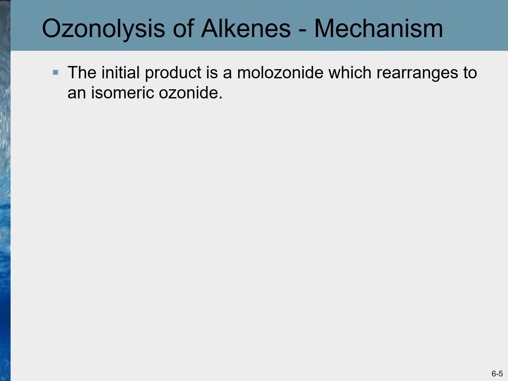Let's analyze the mechanism of ozonolysis of alkenes. In this reaction, ozone will react with the alkene to produce an initial primary ozonoid, and this initial ozonoid is also known as molozonide.